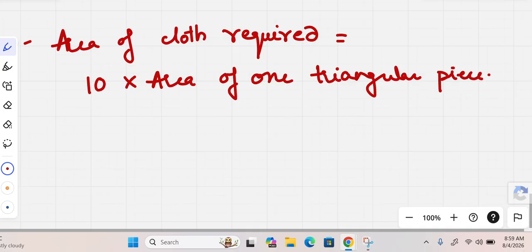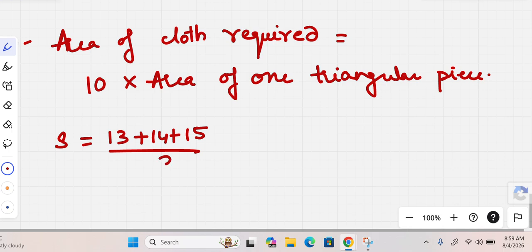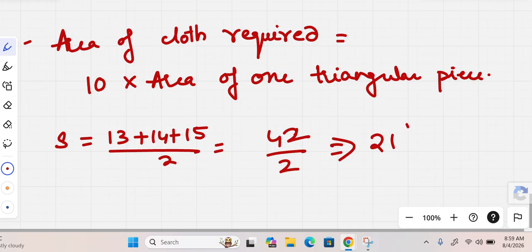Triangular piece. Now, area of the cloth required. First we will have to find one triangle. s is (13 plus 14 plus 15) by 2, which is how much? 42 by 2, 21.